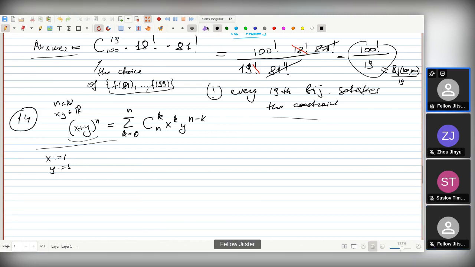Exactly. And what about the right-hand side? The sum of all n choose k, k runs from 0 to n. The sum of all these numbers, which are known as binomial coefficients. You know, they occur in this binomial formula. Okay.